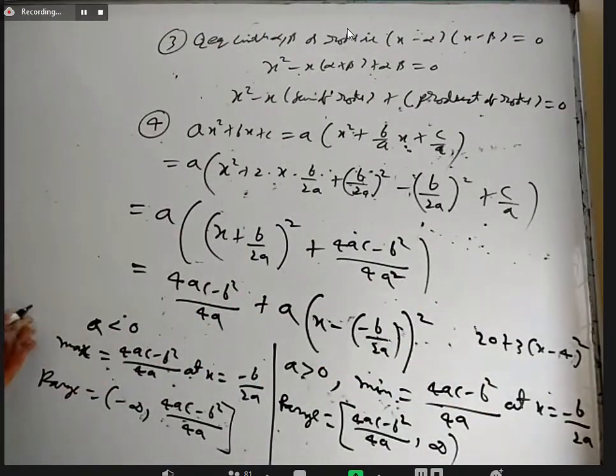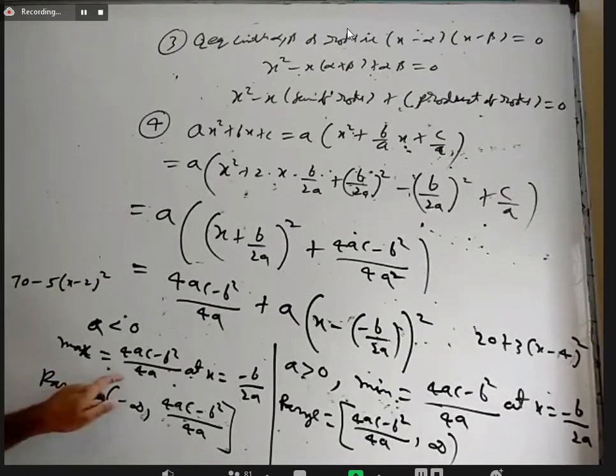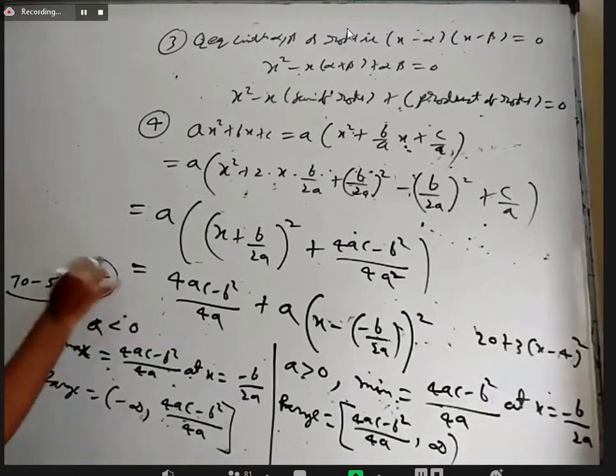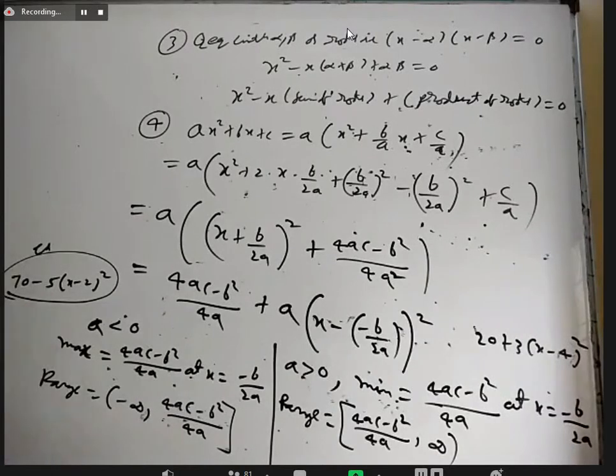To understand this, if I want an example, some 70 minus 5 into (x minus 2) whole square. 70 minus something, maximum will be 70. That is this. And that will happen when x is 2. You don't have to write this, it's just an example I am writing for you to relate to plus a and minus a.